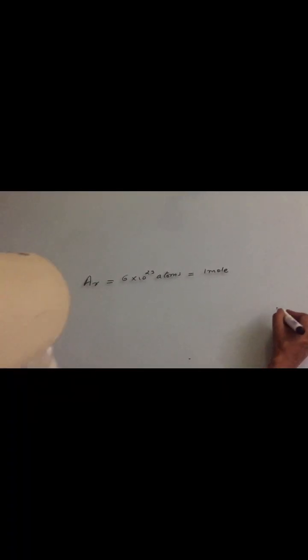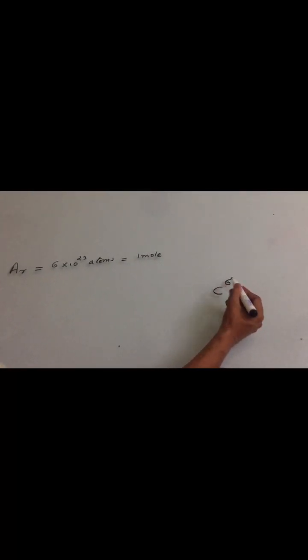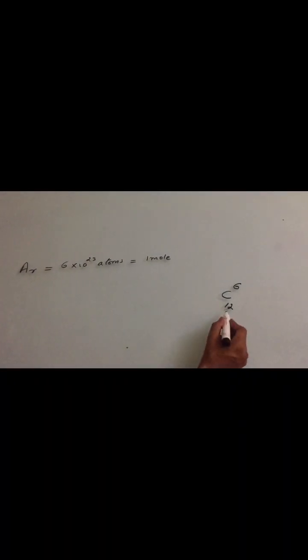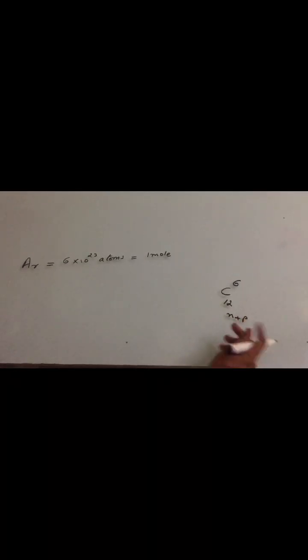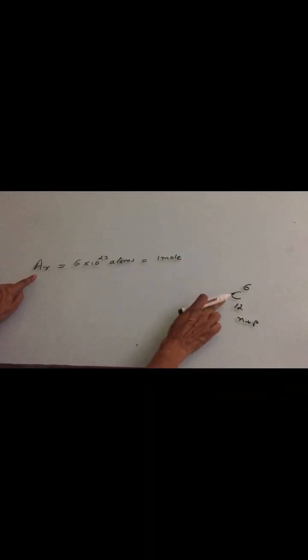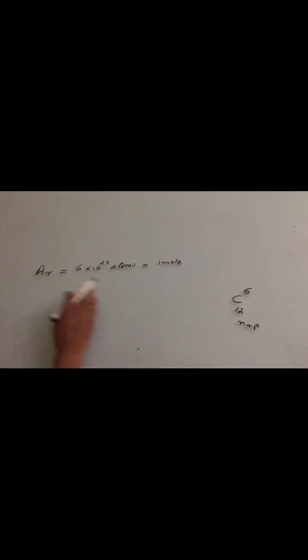For example, carbon has atomic number, or proton number, 6, and 12 is the relative atomic mass, because 12 is the sum of neutrons plus protons. So if this many atoms of carbon are put on the weighing machine, the mass will be 12 grams.